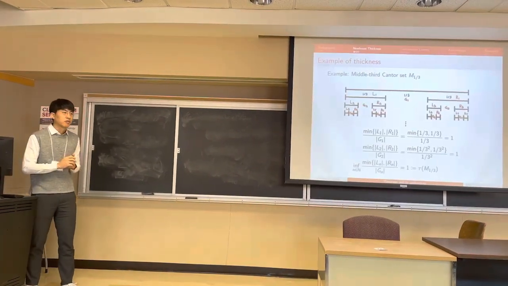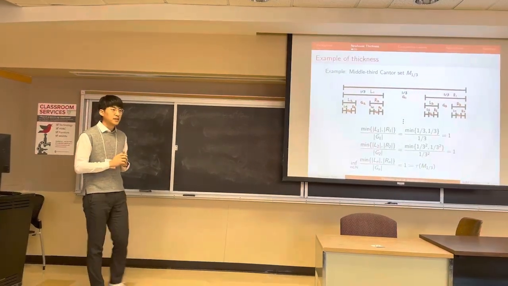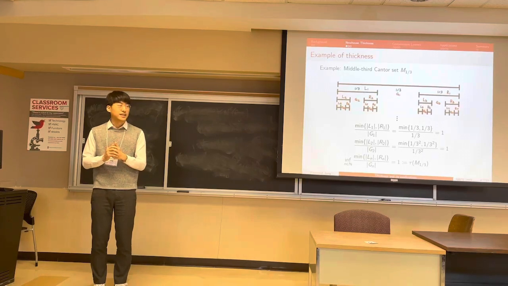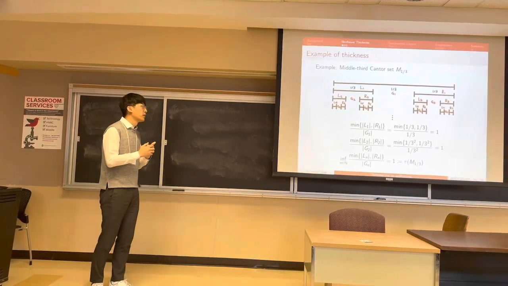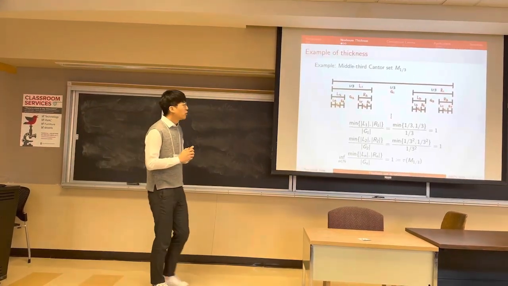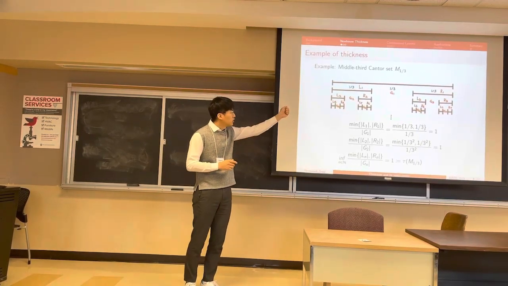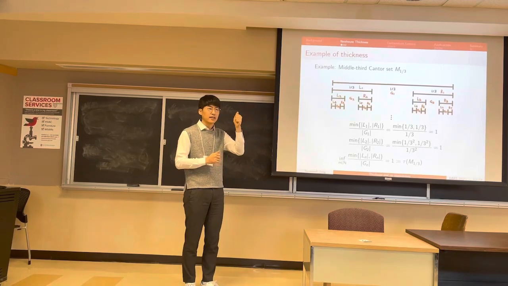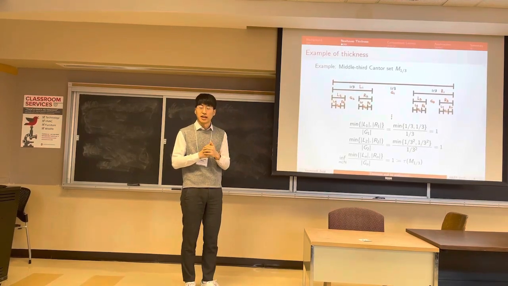In order to make some progress, we're going to consider the notion of thickness. So thickness is a very useful notion that can measure the size of Cantor sets. For example, let's return to the well-known middle third Cantor set. Here we're going to denote the gaps G1, G2, G3 in decreasing order, and L1, R1 for the left and the right intervals that remain after we remove the gaps.